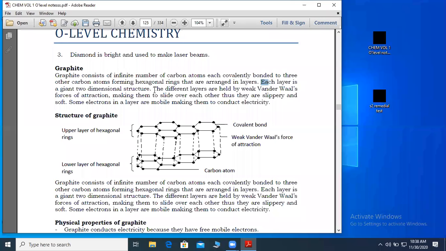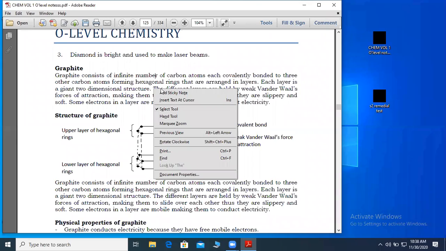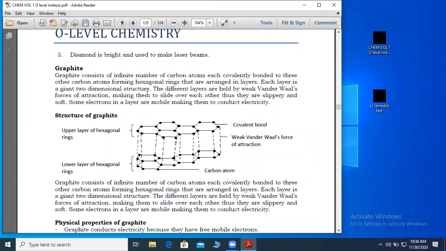The different layers are held by weak van der Waals forces of attraction, making them slide over each other, thus slippery. So graphite is slippery because the layers are held by weak van der Waals forces of attraction, which makes them slide over each other.